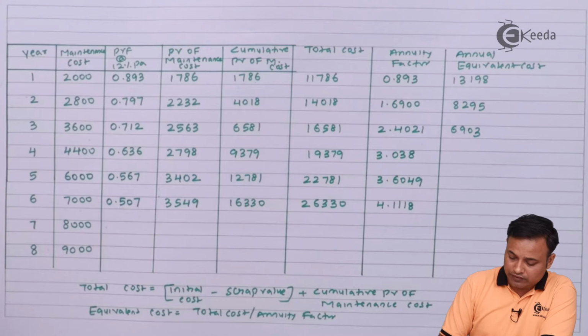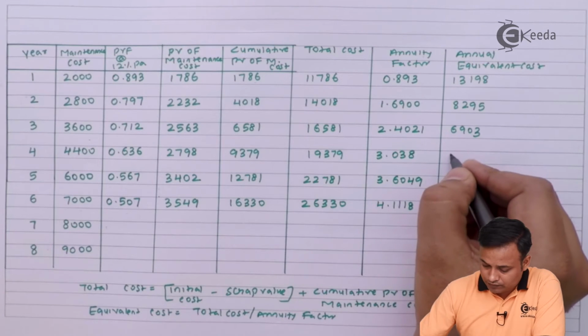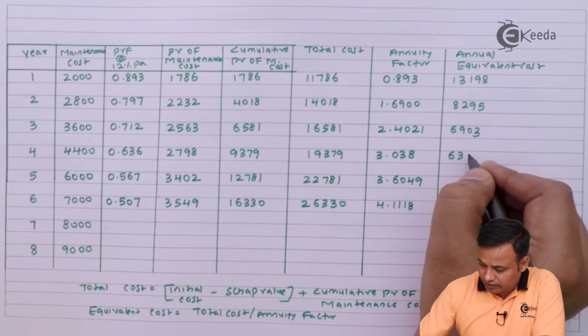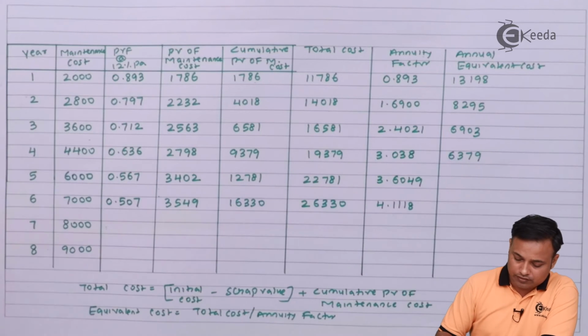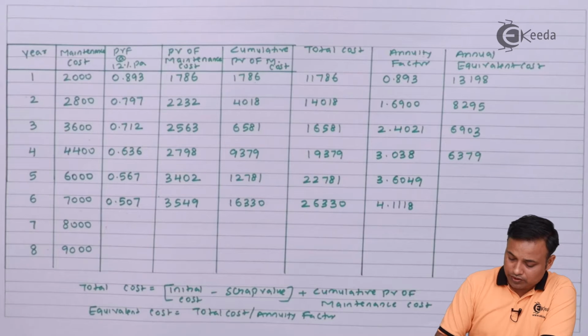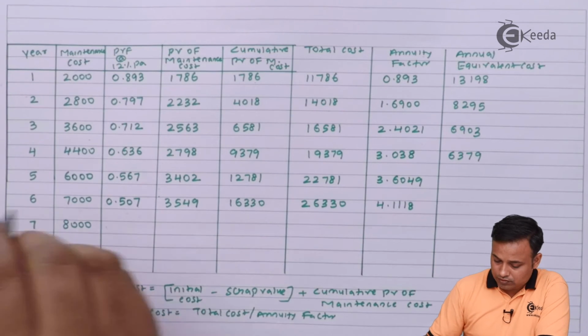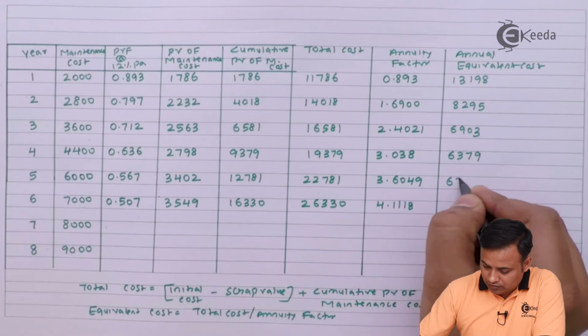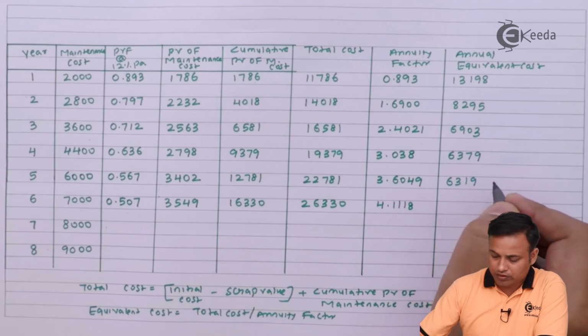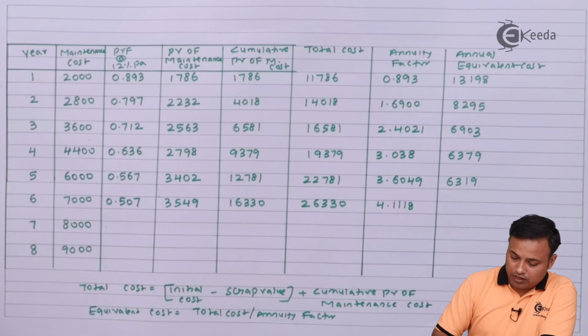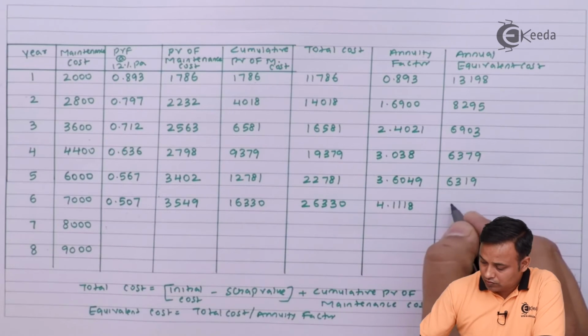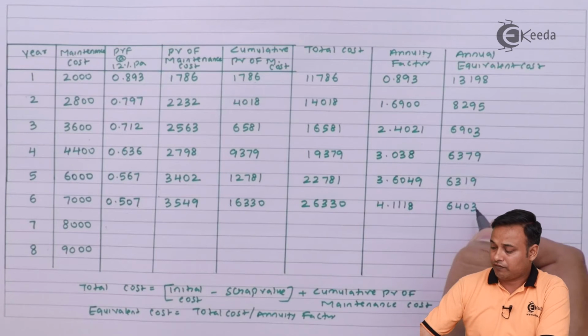Next is 19,379 divided by 3.0376, which is 6378.86, so 6379. Next it is 22,781 divided by 3.6049, 6319.45, so we'll write 6319. Last will be 26,330 divided by 4.1118, which comes to 6403.52.